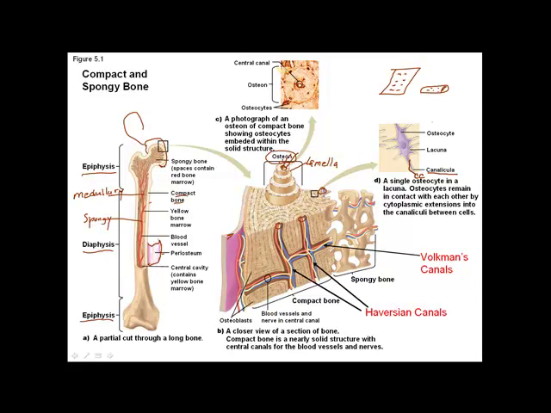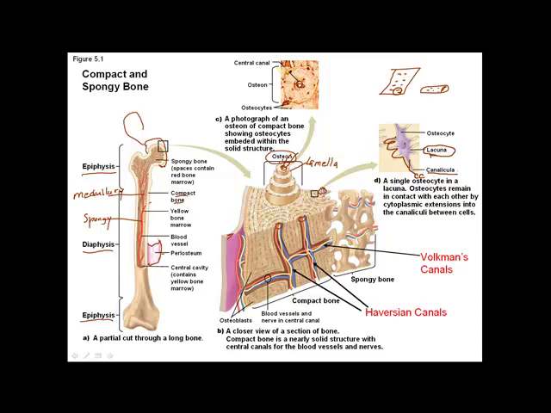Now, each of these osteoblasts has a surrounding covering, we'll say, okay, and that's called a lacuna. So the osteoblast grows into an osteocyte, is surrounded by a lacuna, and it has these extensions called canaliculi.